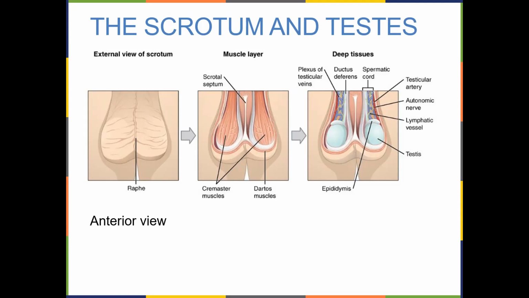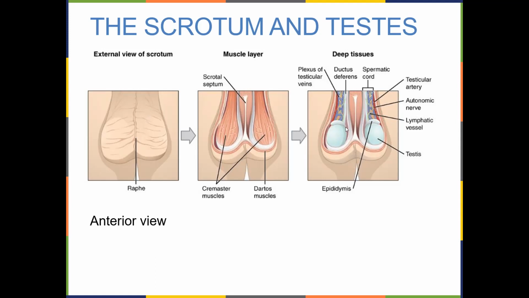Now, internal of the muscles, we see what we call the spermatic cord, which consists of the blood vessels and the lymph vessels and the ductus deferens, the vas deferens that leads away from the epididymis. You see the epididymis sitting on top of each testes there.